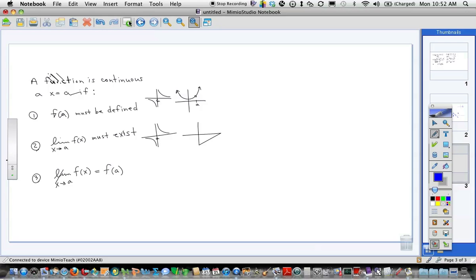Piecewise functions are bad about this one. Okay? A lot of times you get a piecewise function that does something like that. The limit doesn't exist, it's not continuous. You'd have to lift your pencil. There's a break. I like what they said earlier about a discontinuous function: any graph that's got a break or a hole or a jump or something weird going on that's just not nice and smooth, that's discontinuous.